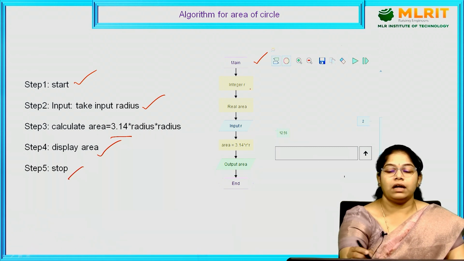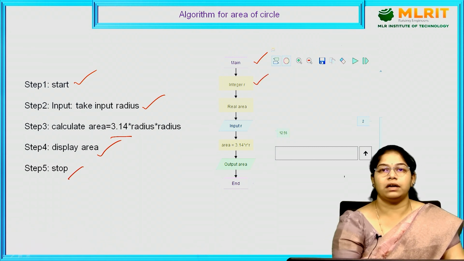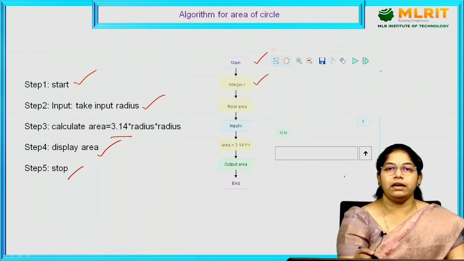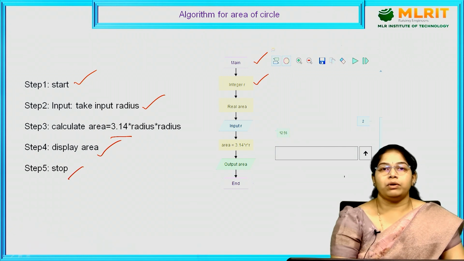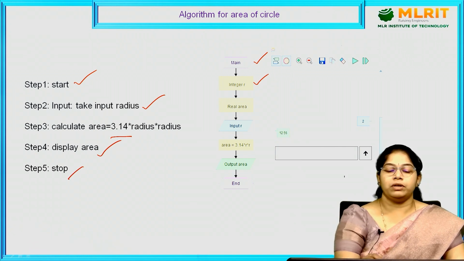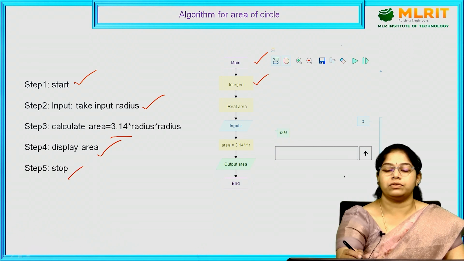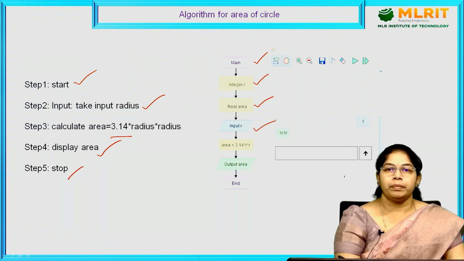Then r we are considering as integer type, so integer r we have to declare. Then area will be a float value, because the pi value here is 3.14, so area is declared as real. Then input is r. Then area is equal to 3.14 into r into r.